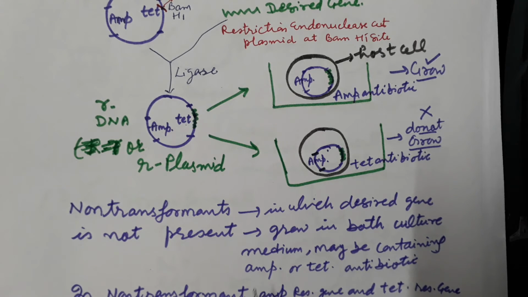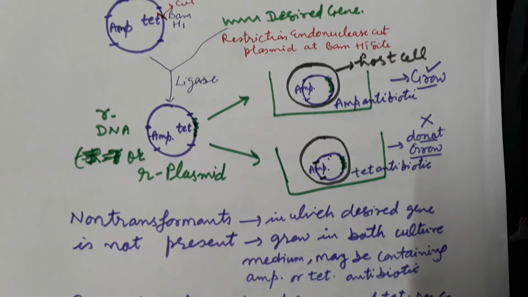This is known as a non-transformant because the desired gene is not present. So both the ampicillin resistance gene and the tetracycline resistance gene are working in a non-transformant. Growth of non-transformant takes place in both types of culture medium, whether it contains ampicillin or tetracycline antibiotic.